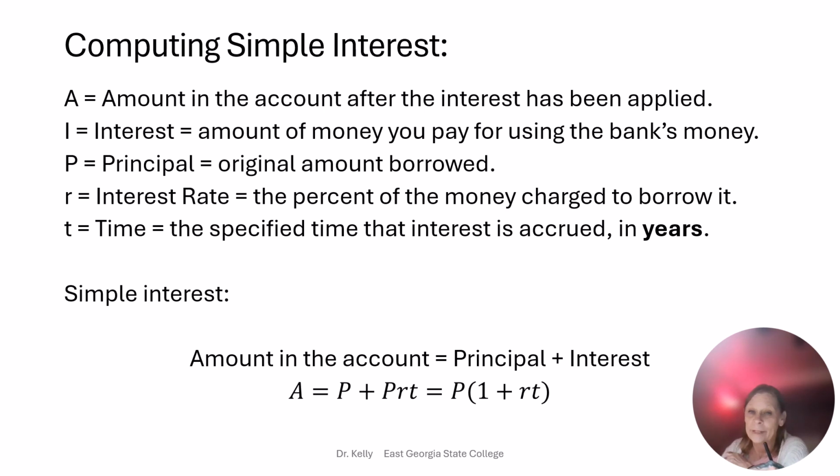The next is R, and that's the interest rate, the percent of the money that you're going to be charged to borrow, or that they're paying you to borrow money from them. And then T is time. Time is the specified length that interest is accruing, and it's always measured in years.